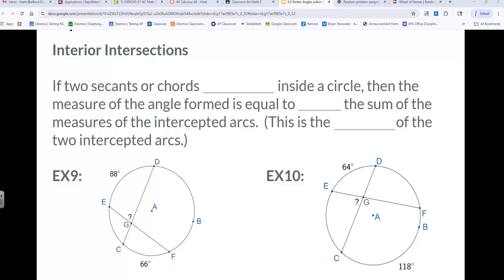So the first type of intersection that we are going to look at is whenever we have two secants or chords that intersect.